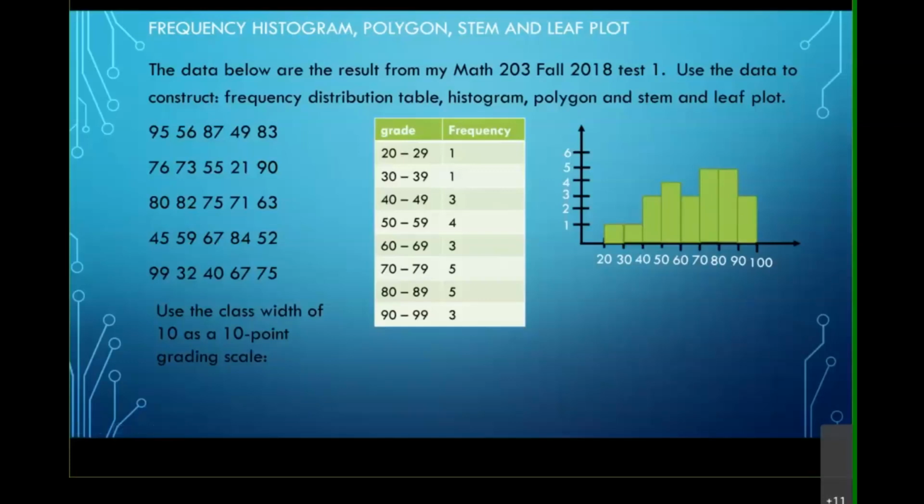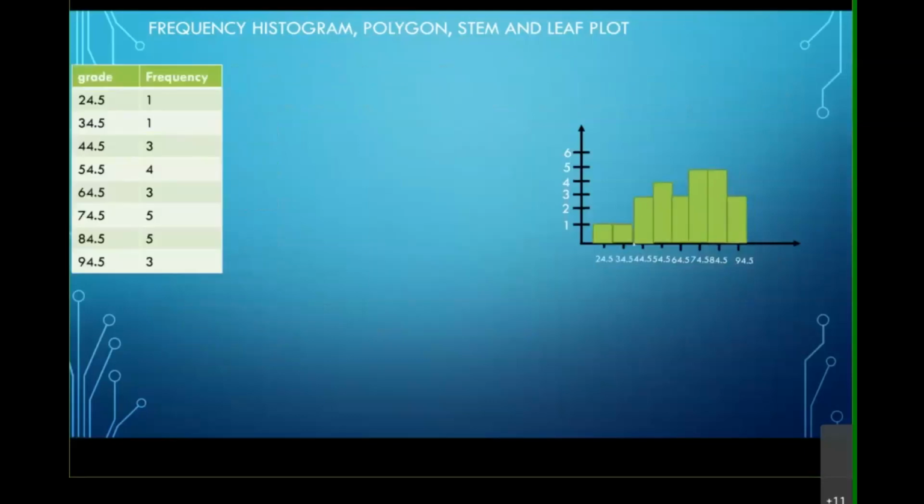So basically you go to your data, go up to whatever the frequency is, and draw your bar. Sometimes they don't have a boundary. They use one number to represent a class.